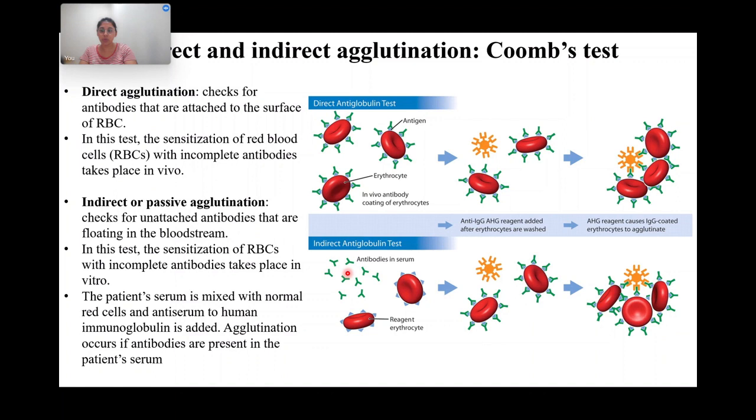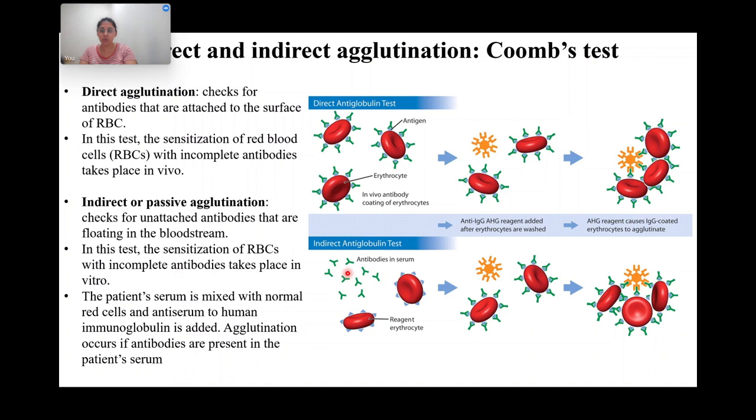To explain in detail, the recognition that this cell has to be tagged for phagocytosis is generally aided by something called opsonins. Opsonins are host plasma proteins that mark the bacterial surface for phagocytosis, so that neutrophils or macrophages can recognize them.